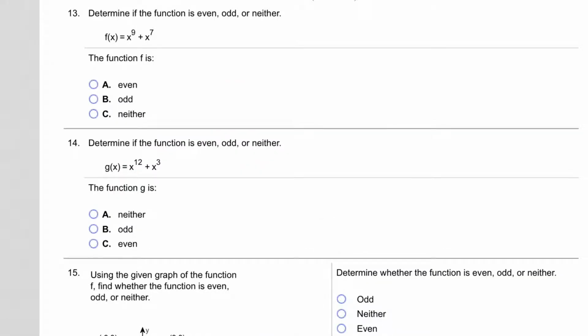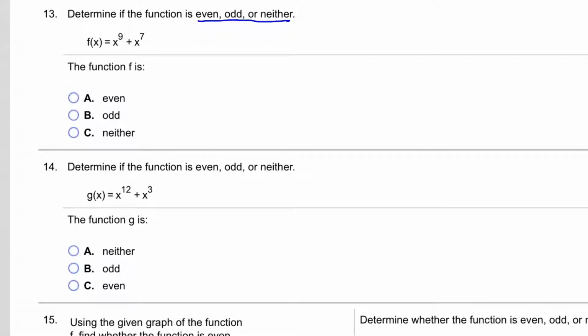So now we want to take a look at determine if the function is even, odd, or neither. Okay, so if you remember, if you put in a -x, okay, do you get the same function?